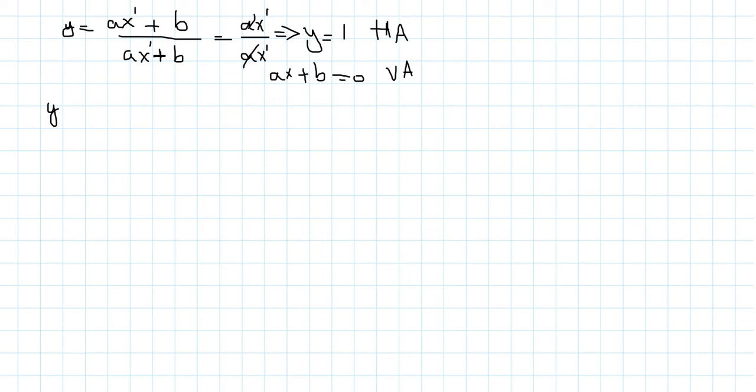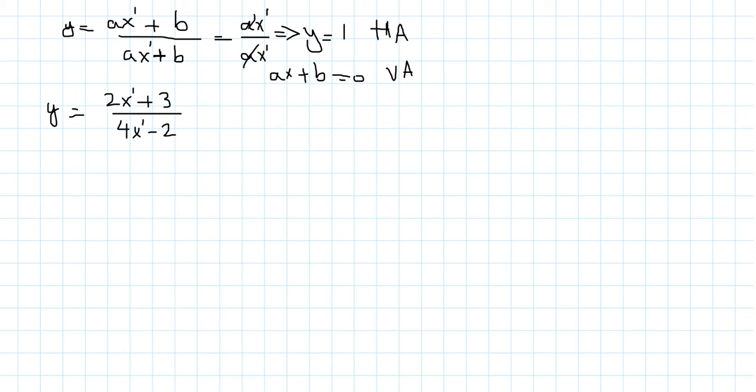Y equals 2x plus 3 over 4x minus 2. At first, easily say the biggest exponent of x is here 1, because the exponents of x in the numerator and denominator are the same.